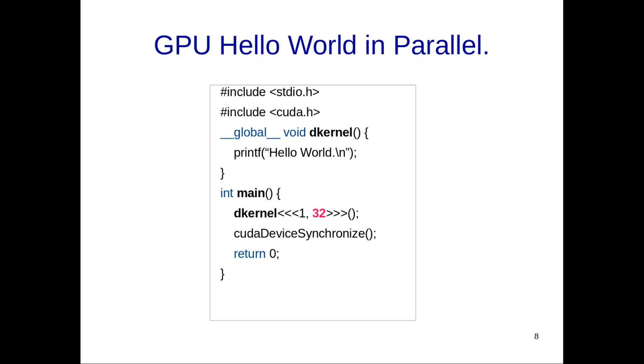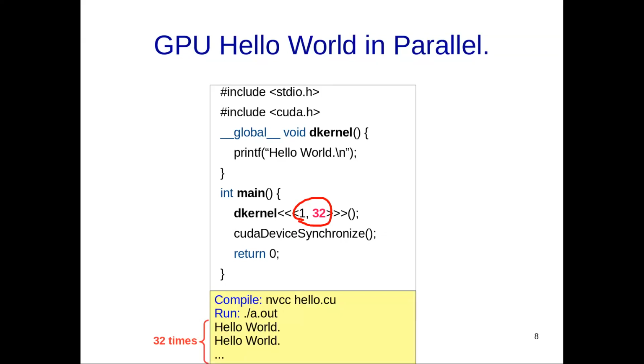All right, so what we are going to do now is that I said the multiplication of these is going to be the number of threads which are going to launch the kernel, the number of threads which are going to execute in parallel. So I'm going to make it 1, 32, which means I'm going to launch this kernel with 32 threads. What these numbers are currently, let's not worry about it, we'll come to that shortly. But does that mean that this is going to print hello world 32 times? Well, it actually does.